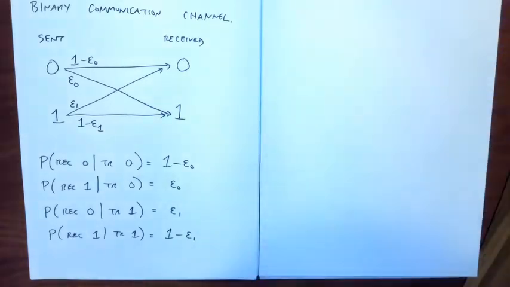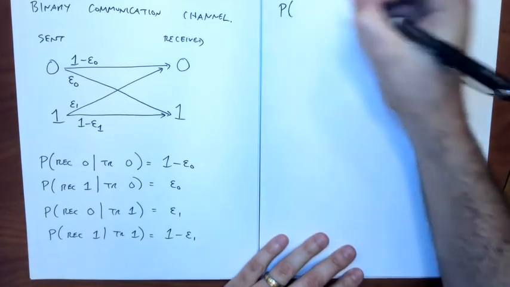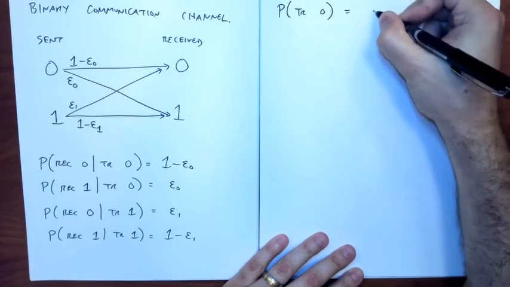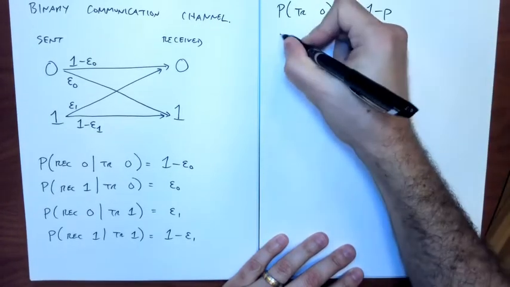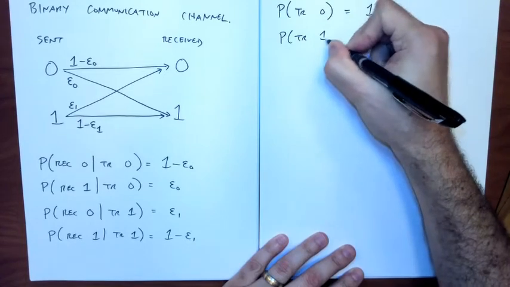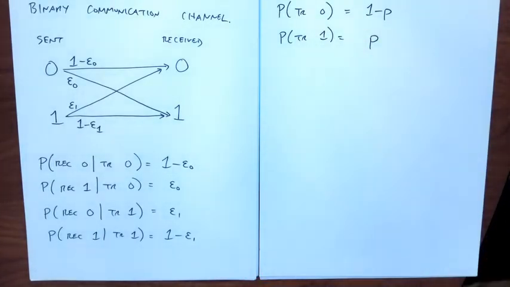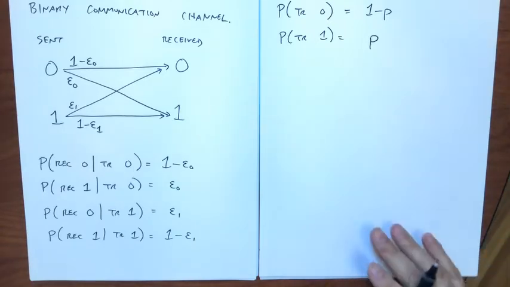And so now I could also say, let me give you some additional information. Suppose I tell you that the probability that a 0 was transmitted in the first place was 1 minus p, and the probability that a 1 was transmitted in the first place was p, right? So again, in some situations, these numbers may be the same, right?